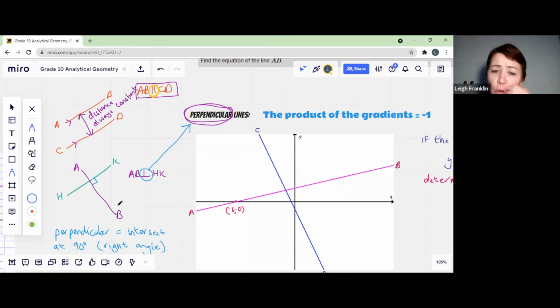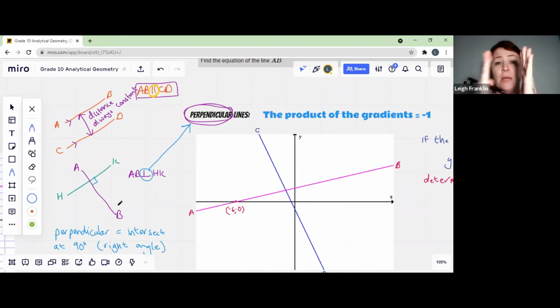Okay, have you heard the word perpendicular at school, grade 10s? Is it a word that your maths teacher has used with you? Yes, a lot. Okay, yes, yes. Okay, all right. So that's what it means. Okay, it means at right angles.